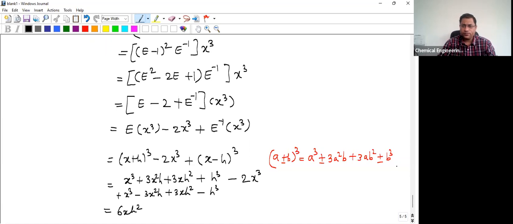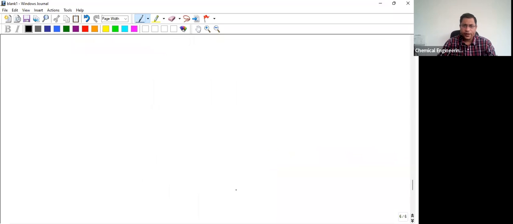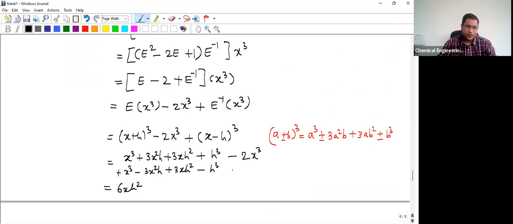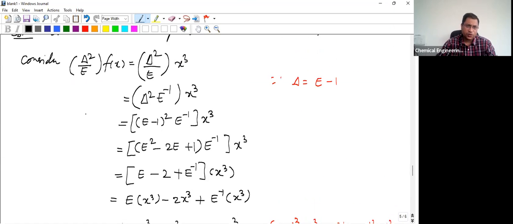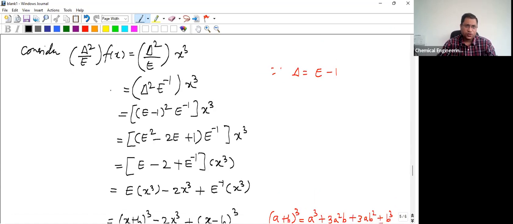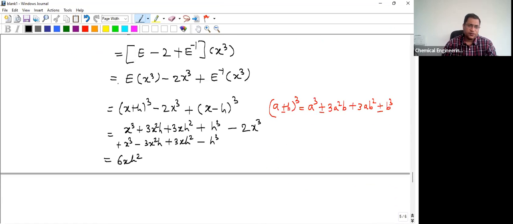Okay. So now, see this term. This is what we are solving. So we get here, this is equal to delta square by E operated on f of x.